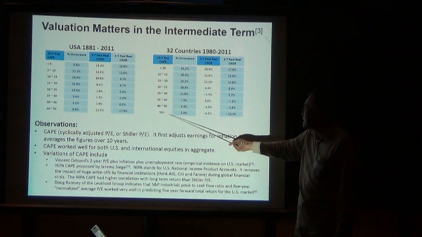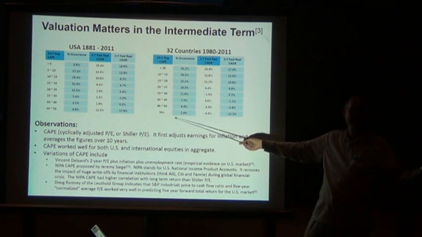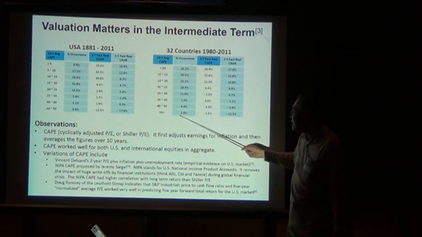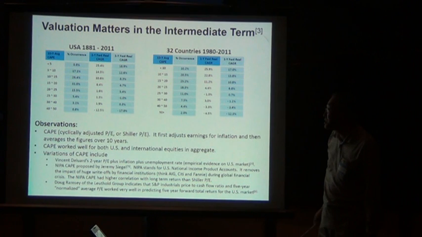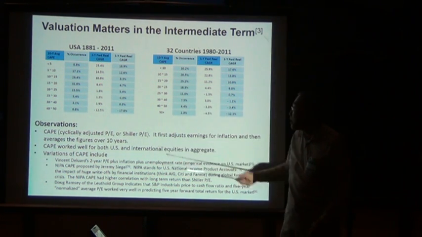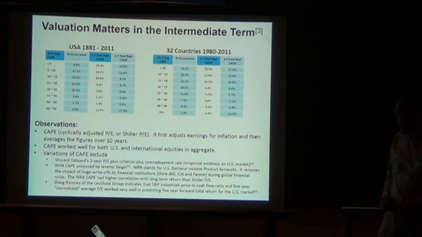When, say, the Nikkei in 1987 had a PE of like, I don't know, 60 or 70, then the return is pretty bad. Okay, and so CAPE worked quite well for both U.S. and international equity in aggregate.